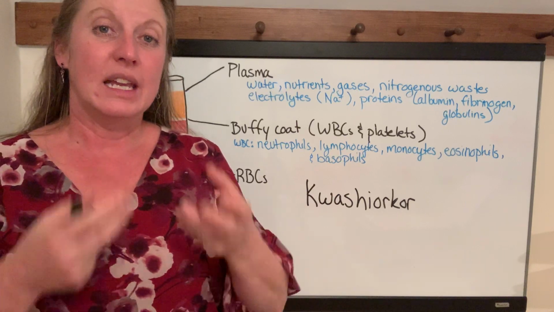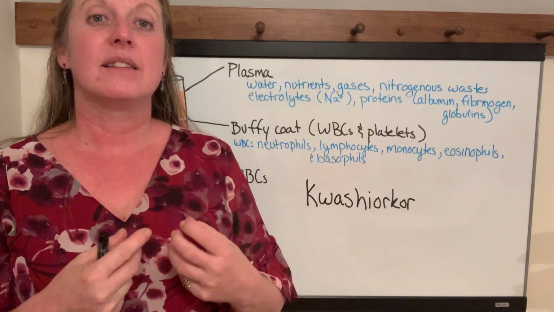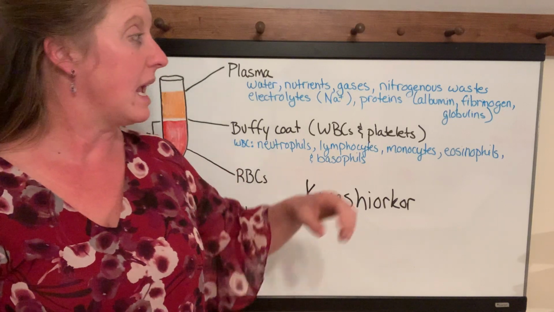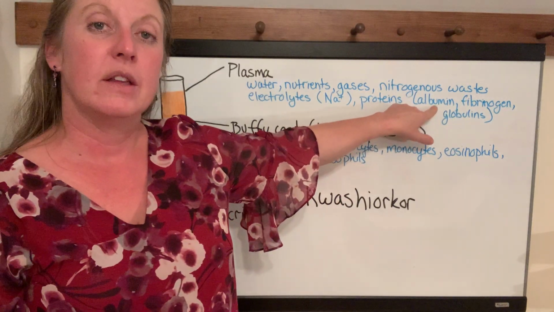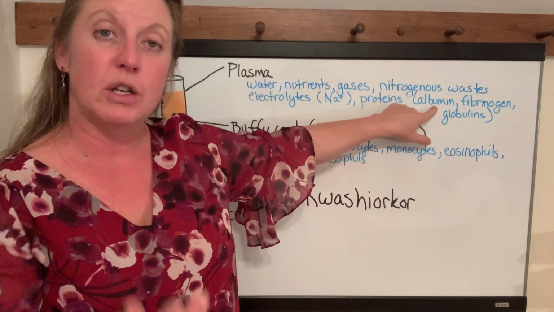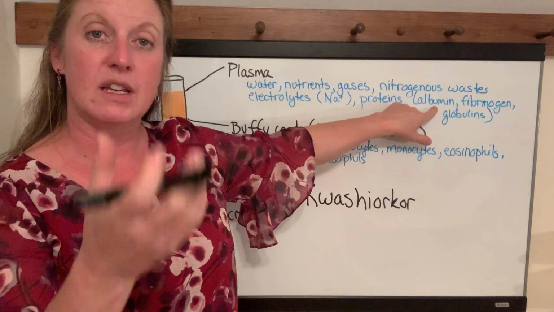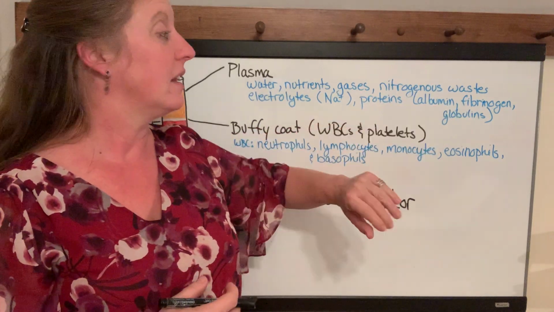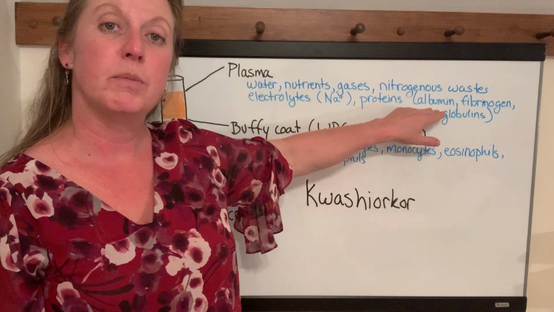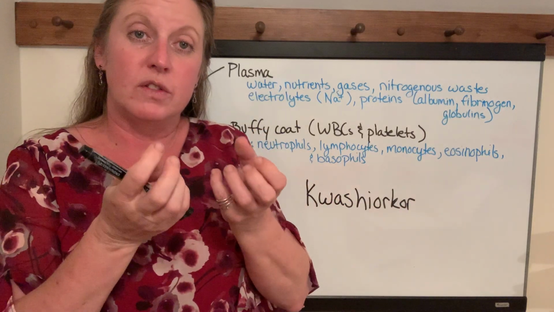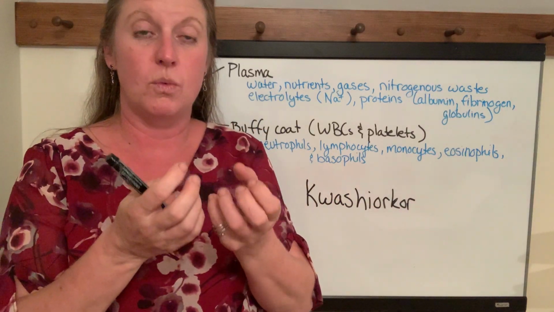And without eating the protein, the body lacks the amino acids to be able to make albumin. So the liver makes albumin, but it uses the amino acids from what we eat. So if children don't receive enough protein in their diet, they don't have the amino acids to make albumin, and their blood loses part of what helps it to hold on to water.